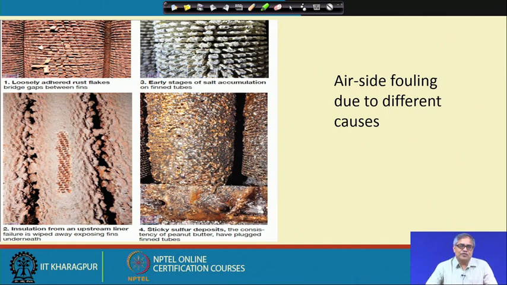Not only that, one can think that the passages are almost choked, so how will a gas flow, because flow of gas takes place through the passage generated by two adjacent heat transfer surfaces, and those passages are almost absent here.